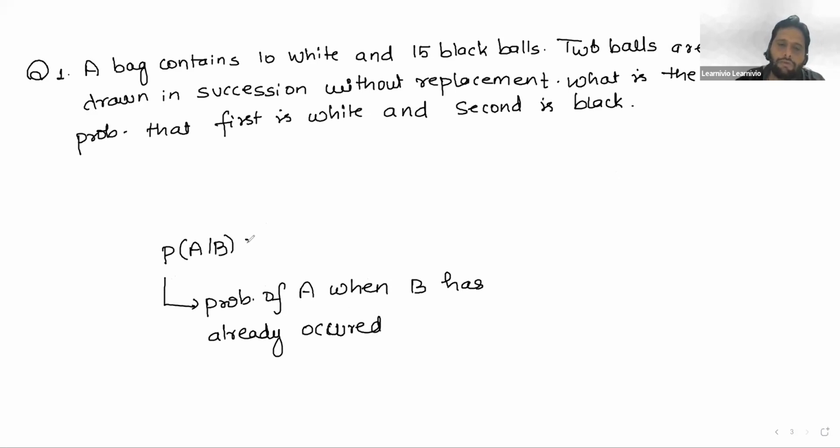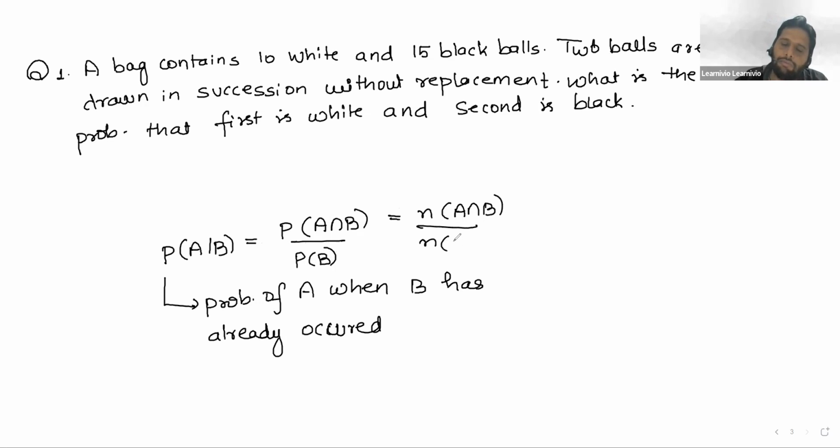Its formula is P(A intersection B) by P(B). The event which has already occurred, we shift to the denominator. You can also use this formula: n(A intersection B) by n(B).